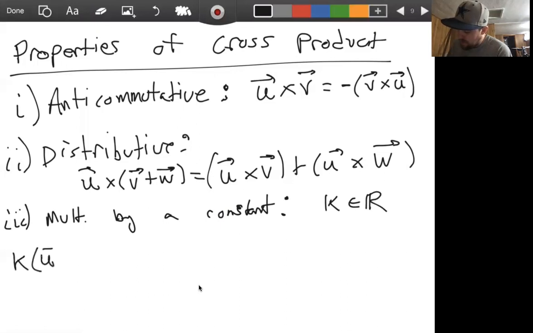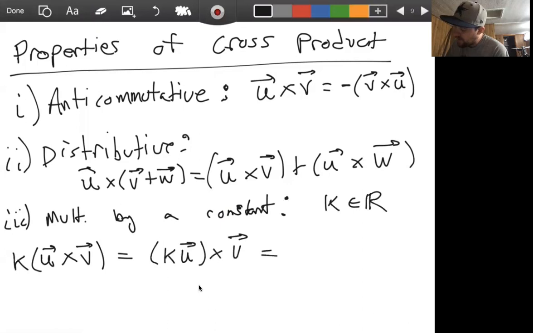So we're scaling the vector u cross v by k here. This is the same as first scaling u by k and then crossing with v, which is also the same as first scaling v by k and then taking u cross kv. So this is another property we have.